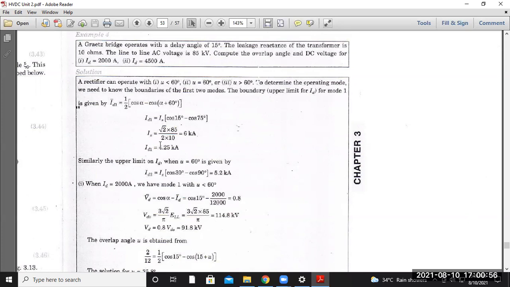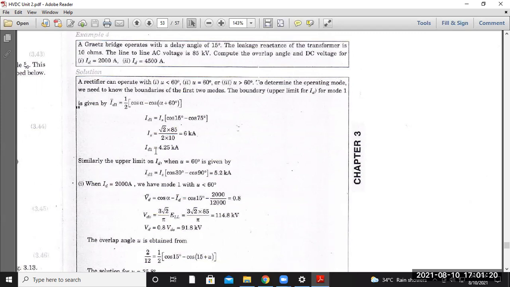Now in the similar pattern, when you write for mu equal to 60 degree, alpha equal to 15, then the equation for ID2 becomes cos 30 degree minus cos 90 degree, that is 30 plus 60, which gives 90 degree.